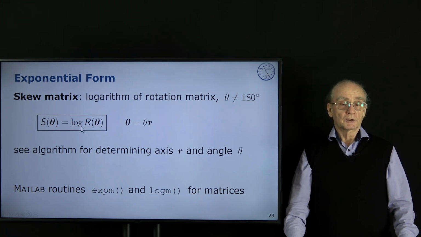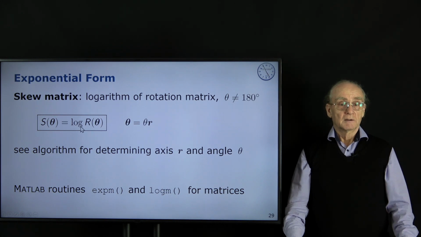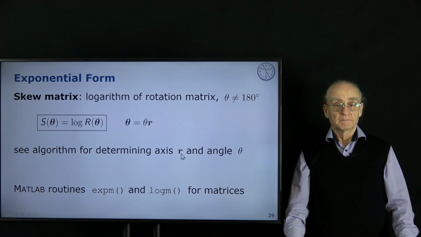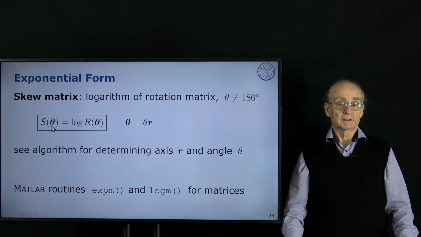We, of course, don't work with the series, but we use the algorithm which we derived before for deriving the axis normalized vector and the angle in order to actually get the rotation vector if you have given the rotation.